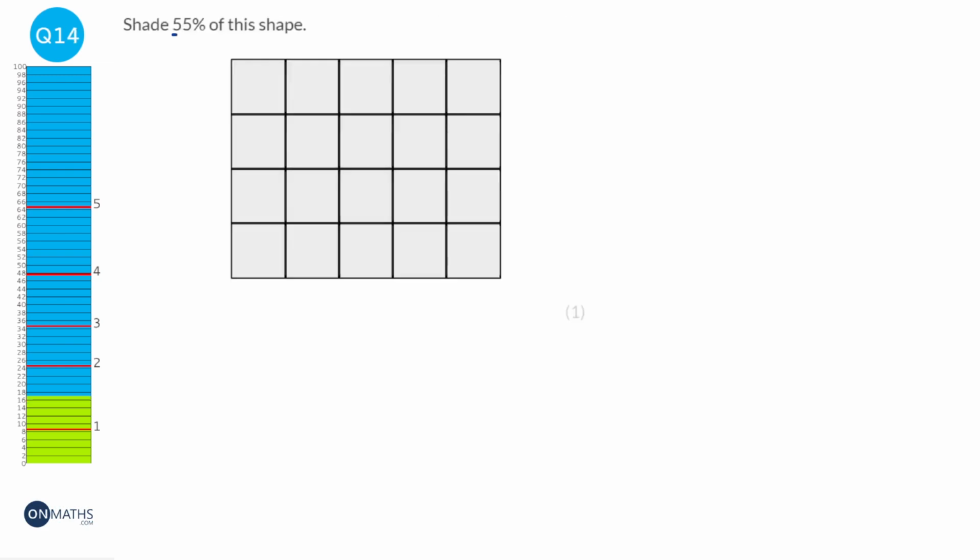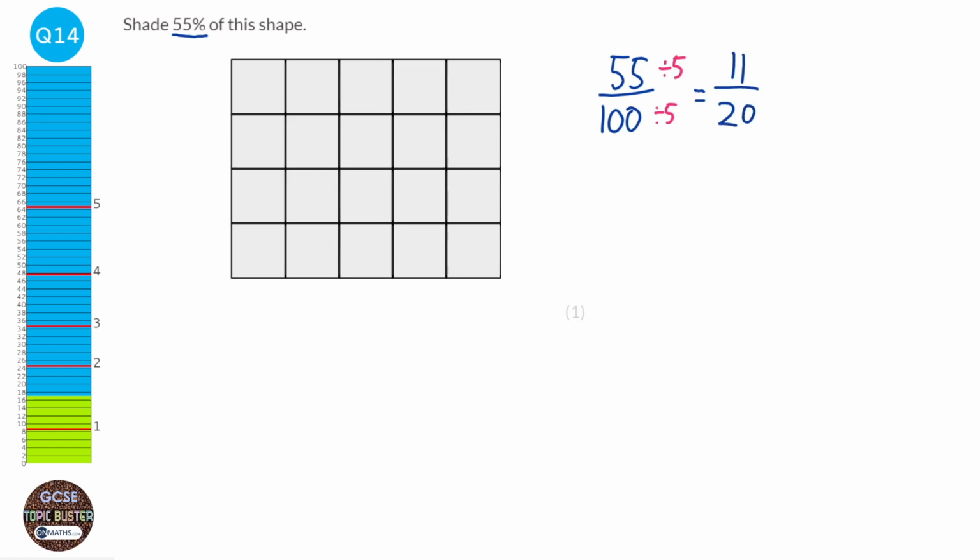So 55% is the same as 55 over 100. And what I can do is I can divide top and bottom of the fraction by 5. And so that is going to equal 11 over 20. Now in total there are 20 squares here, because there's 5 across and 4 down. 5 times 4 is 20.